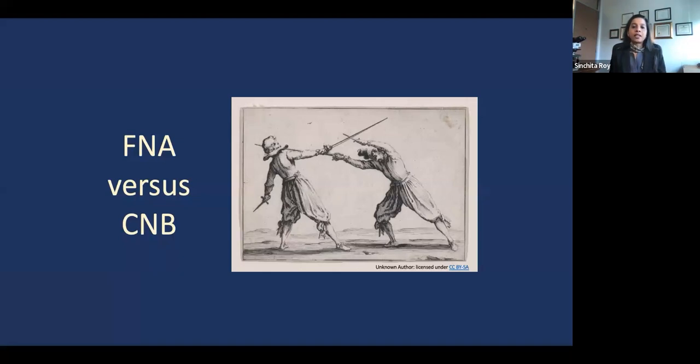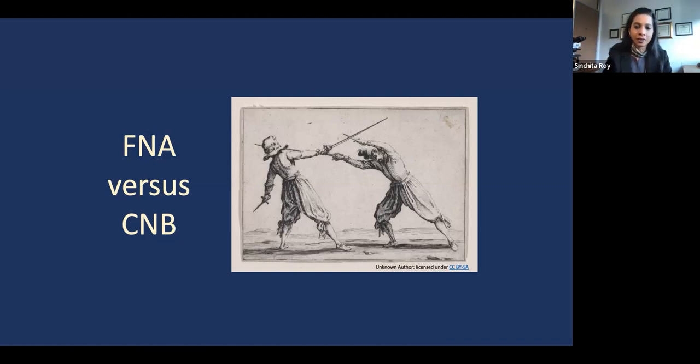All right, so stepping back to where I started, we talked about FNAs and core needle biopsies as being the most common minimally invasive specimens that we get. And oftentimes they've been pitted against each other. A lot of people have argued about which one's better. Depending on who you're talking to, if you talk to anyone in cytopathology, they're going to say the FNAs are superior.